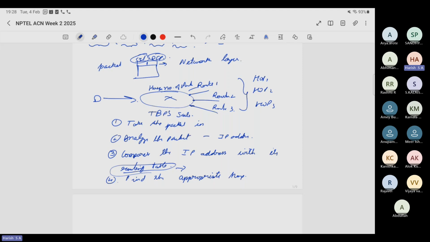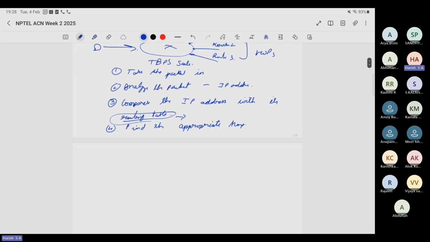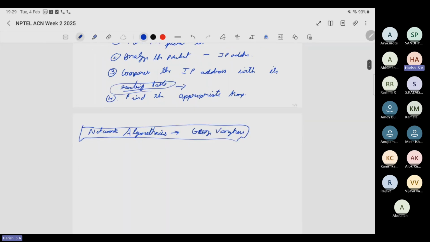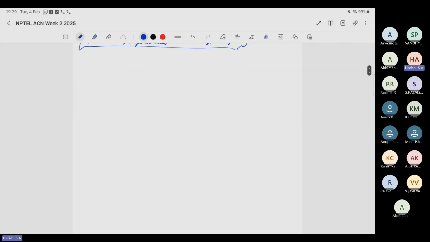If not, your computation complexity will explode. This is why these algorithms came up, and they are described in a book called Network Algorithmics by George Varghese. This is the original book that has these algorithms in it.